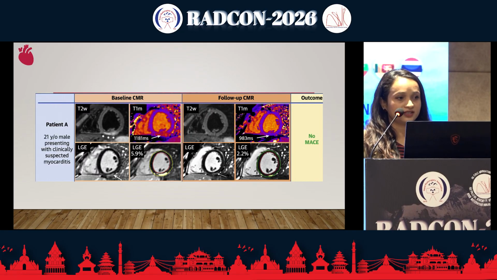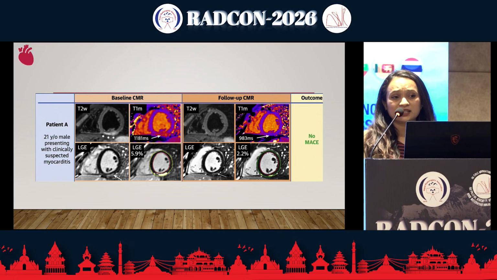This I have taken from the internet, and this is a case which has been diagnosed with myocarditis with all the elevated values. We can see the hyperintensity in the inferior wall, and we can see the late gadolinium enhancement with elevated value, that is the percentage of late gadolinium enhancement, which is 5.9%, and the patient was kept for follow-up. We can see there is almost gone hyperintensity in T2 with a decrease in T1 relaxation time, and the late gadolinium enhancement has decreased in comparison to the baseline MRI.